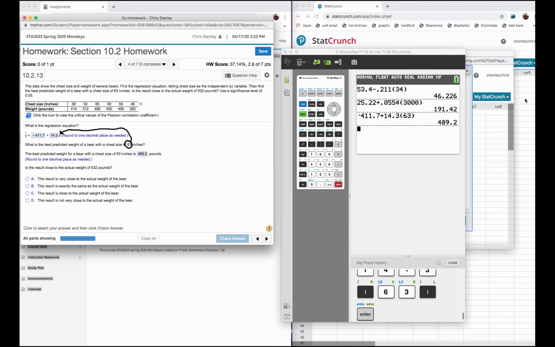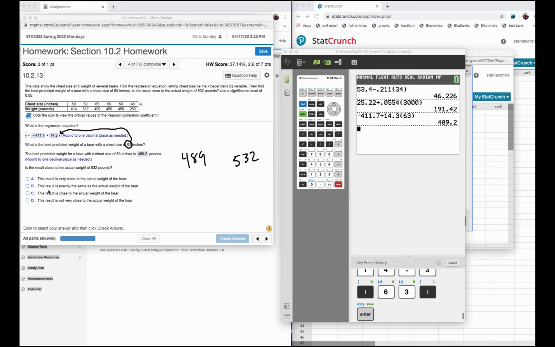So they must have had one that was 63. Well, there wasn't, but let's see. Do you think 489 is close to 432? Some of these questions at the end are not really statistical. They're sort of common sense. So let's see how my common sense is going to go.